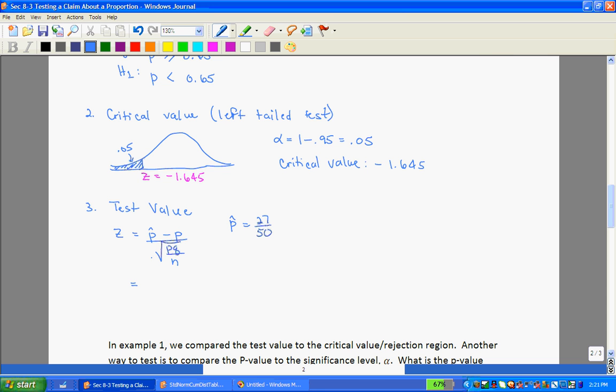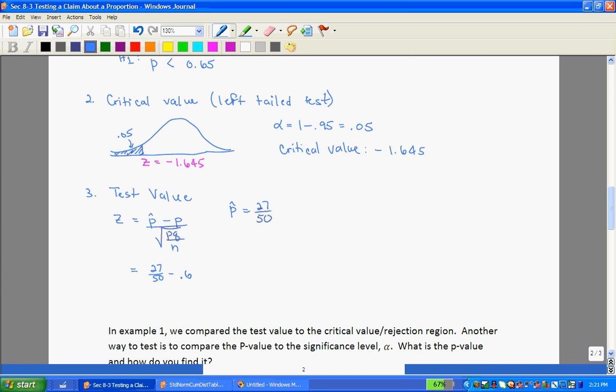So now when we go to set this up, p hat is 27 over 50. Regular p is what was stated in the hypothesis, the 65%, so 0.65, divided by the square root of 0.65 for p. Remember, q is just 1 minus p, so that'd be 0.35, divided by the sample size, which was 50.